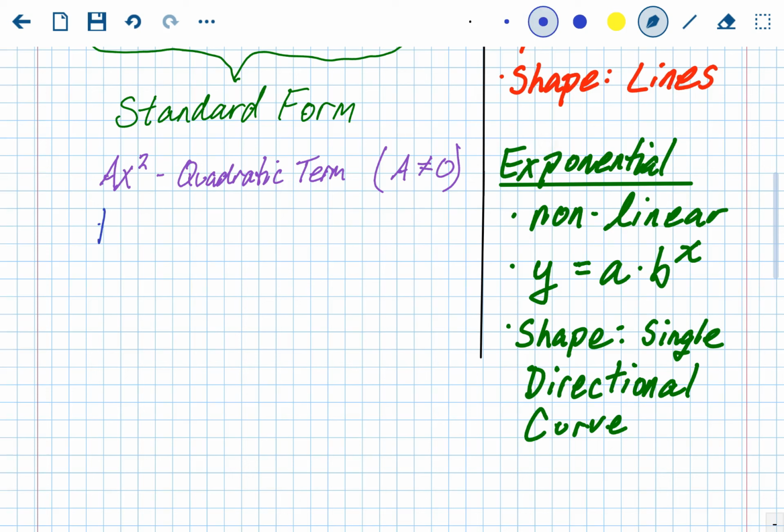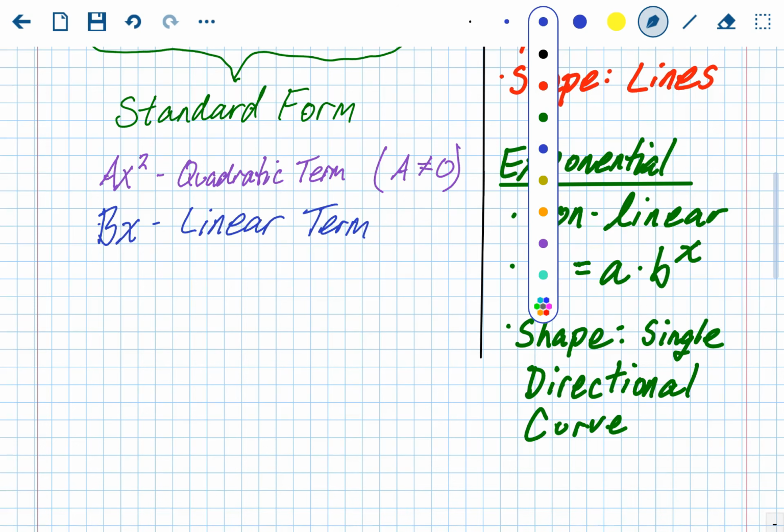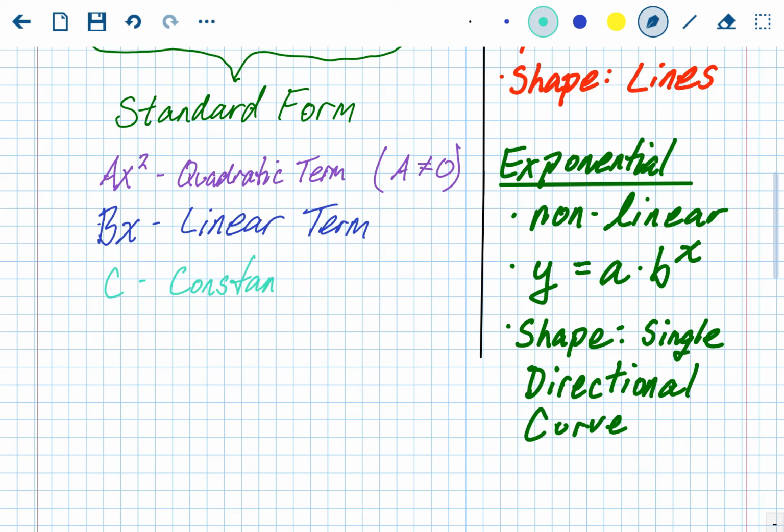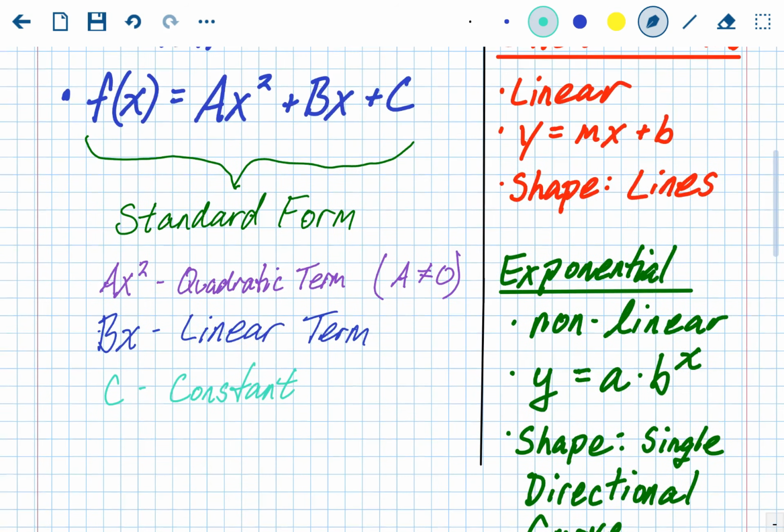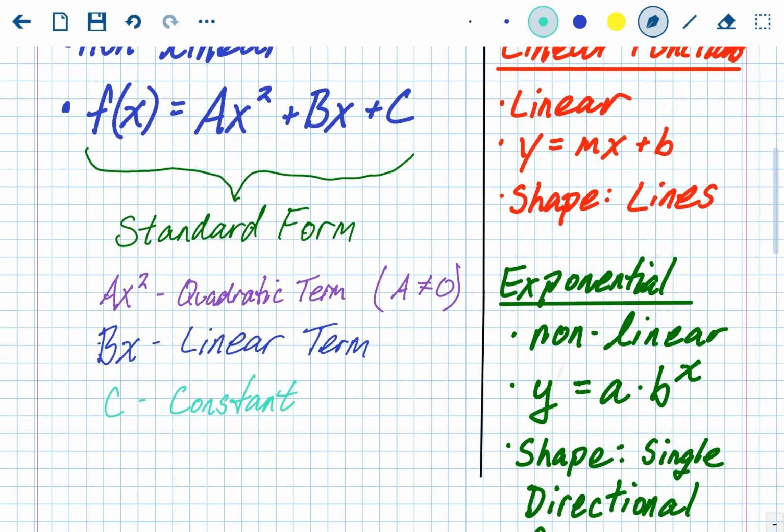Okay. The bx is the linear term. And then the c is the constant. So that is standard form.